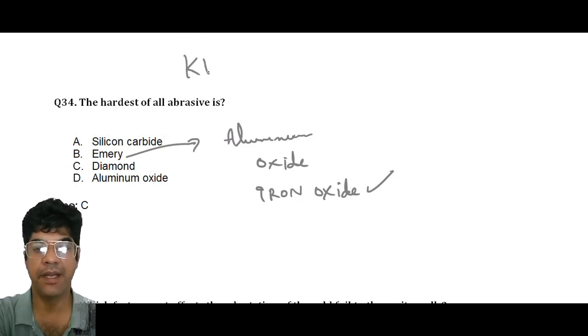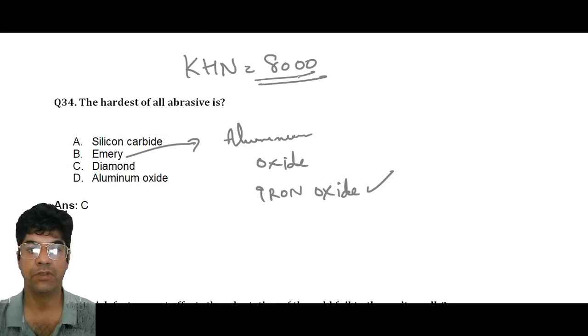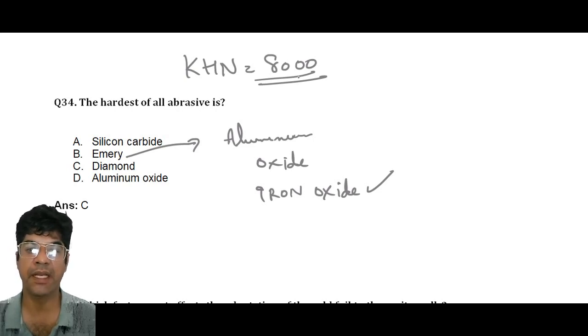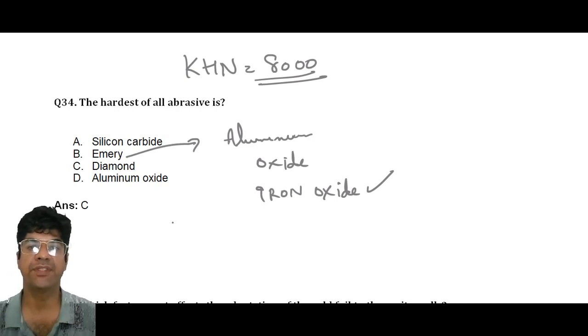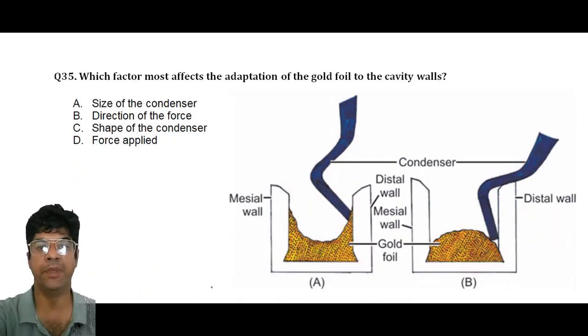Diamond is the hardest of all abrasives. It has a Knoop hardness number of around 8,000. Diamond is renowned for its extreme hardness and is used for cutting and grinding hard and brittle materials like enamel, porcelain, etc. Aluminium oxide is a commonly used abrasive material and is quite hard, but it is not as hard as diamond. So your answer would be diamond.